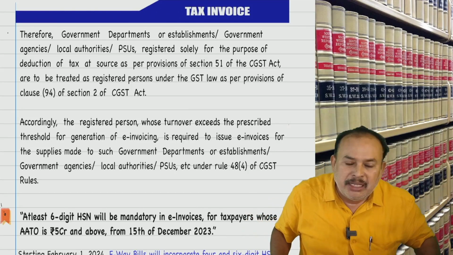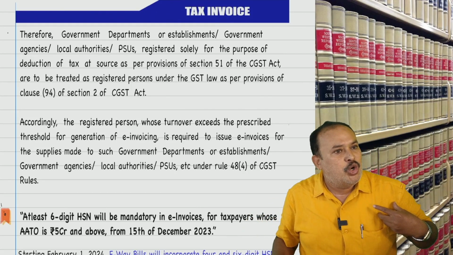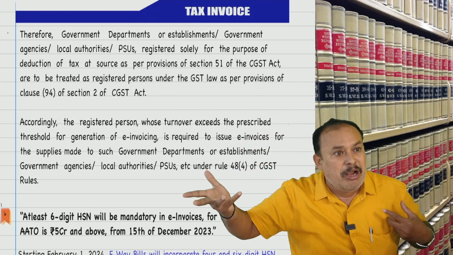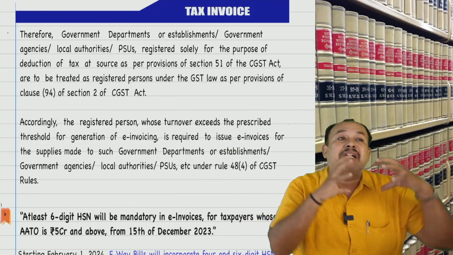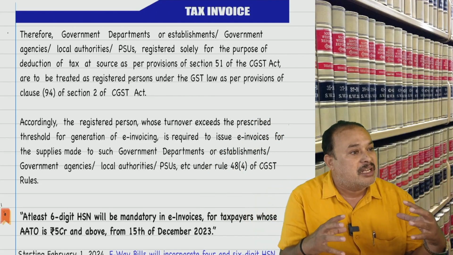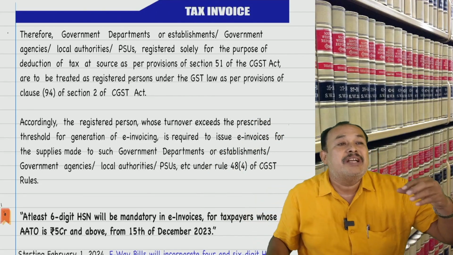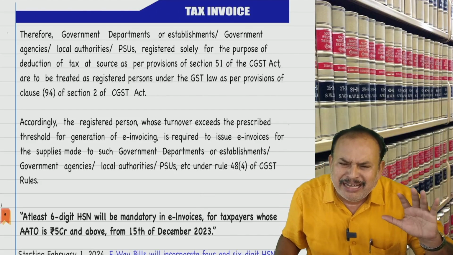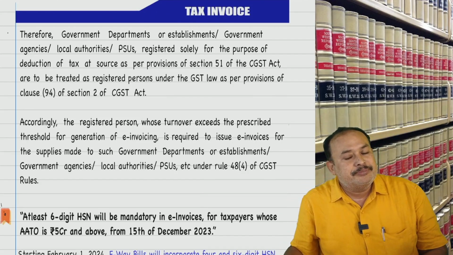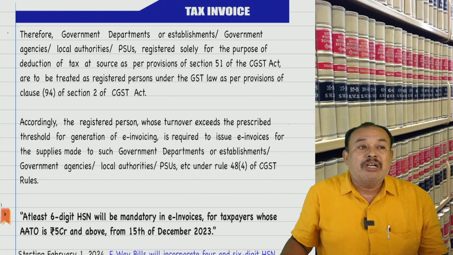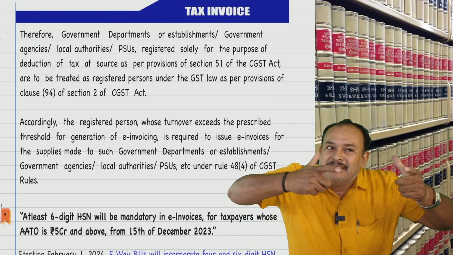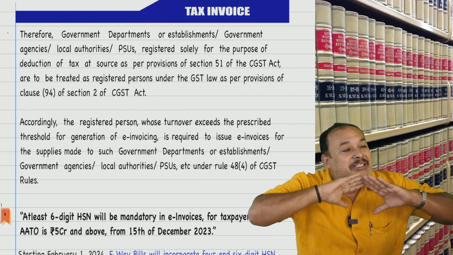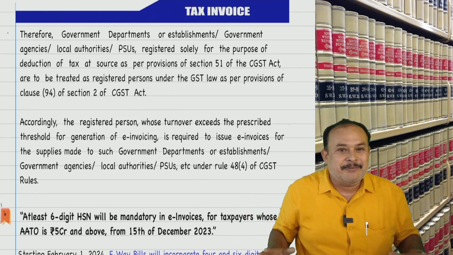Meaning thereby, the supplier who is required to issue the E-Invoice and is issuing the E-Invoice also, but he supplied one transaction or two transactions or three transactions to a recipient who is basically an unregistered person, such transaction the supplier is not required to issue E-Invoice.